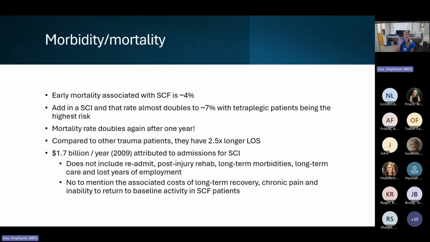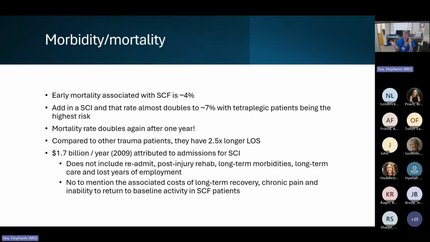That mortality rate then doubles again after 1 year, and that's just associated with the post-traumatic sequelae. Again, we'll hit on this later on, but the deep ulcers, the respiratory insufficiencies, the infections, everything that happens long term really ups that mortality risk for these types of patients.